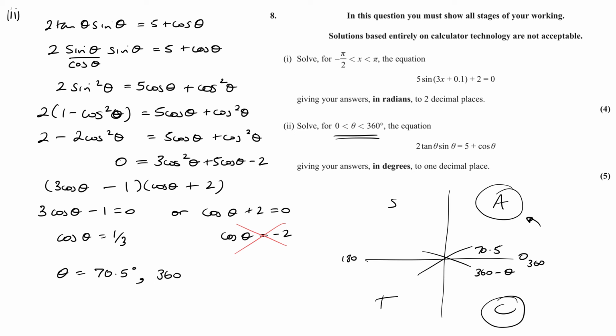So 360 minus 70.5 gives me 289.5. And there we have my 2 answers.